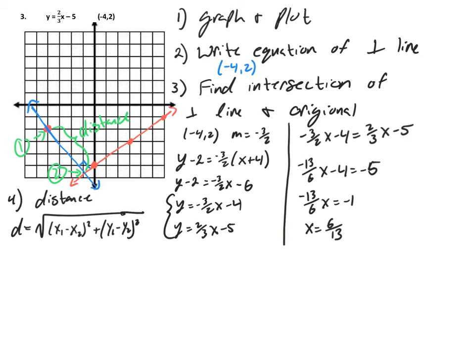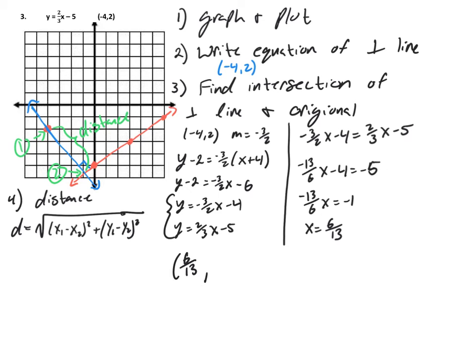So we have part of our second point, and we're going to need to get the second part of our point. So in order to get the second part, we're just going to substitute that x value in.